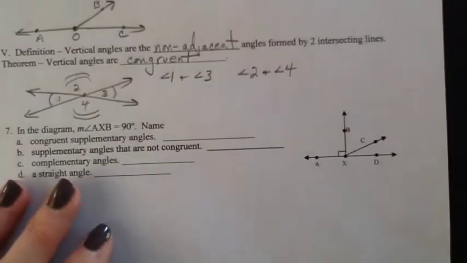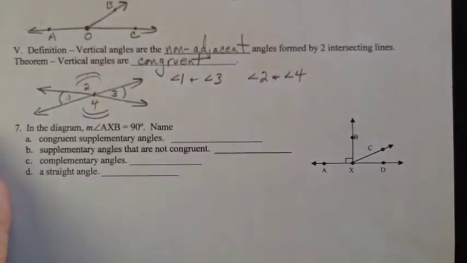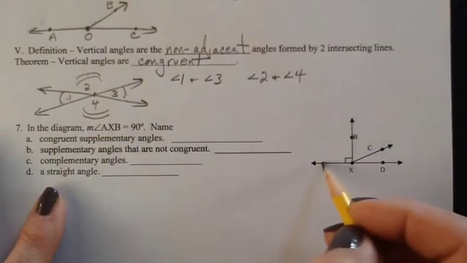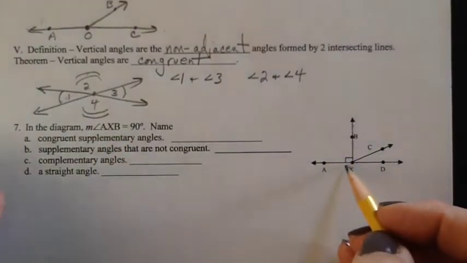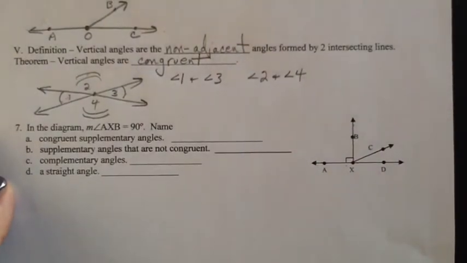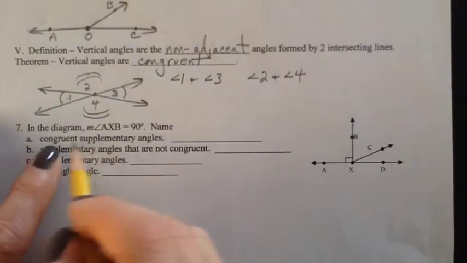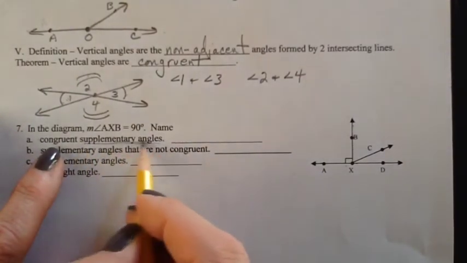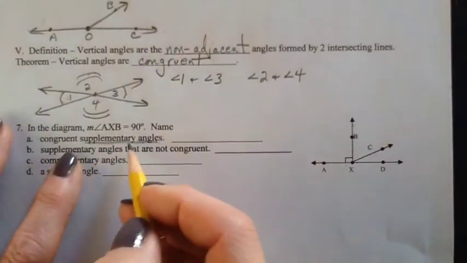Okay, so let's just do this practice problem here. It says the measure of angle AXB is 90 degrees, and they included the little tick mark there. When I have supplementary angles, that's a relationship between a pair of angles, so you would have to list 2 angles.